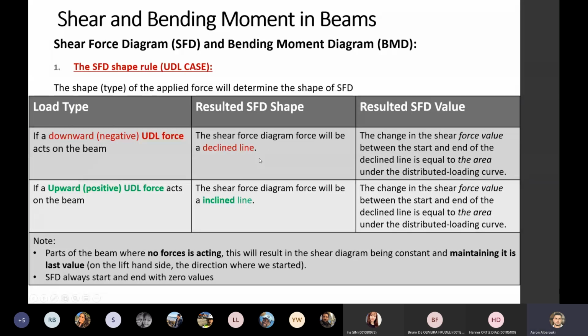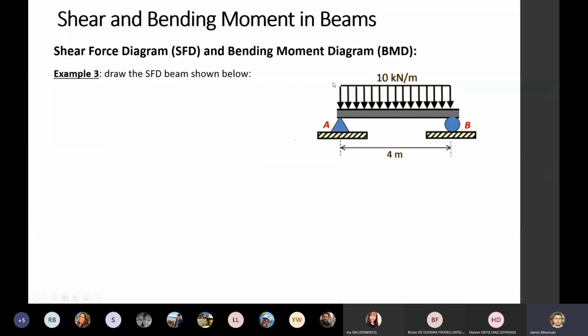Why is that? Because each one of these loads from the uniformly distributed load will make a small change, a small dip. We have an infinite number of those next to each other, so rather than making a sudden jump up or dip, that will make a gradual decrease or gradual increase.